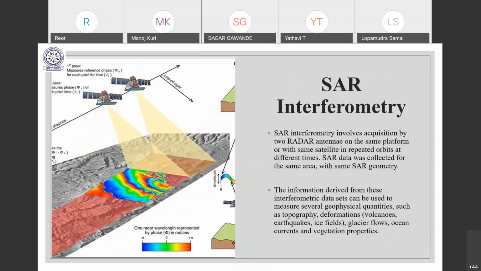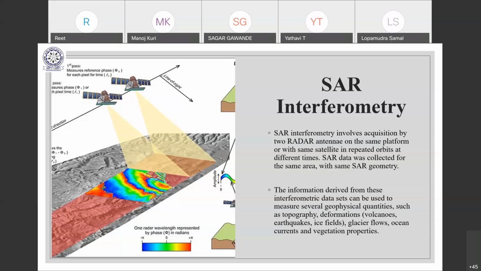So coming to SAR interferometry, it is nothing but a technique that utilizes more than one satellite data. Some of you might be aware of the optical term that we use most often, that is photogrammetry. In photogrammetry, we use multiple optical data for creating a high resolution digital elevation model of the Earth's surface.